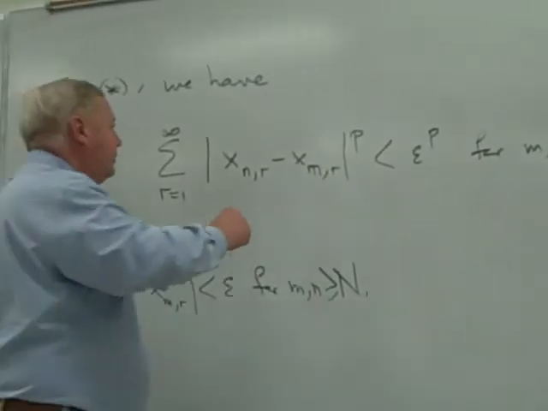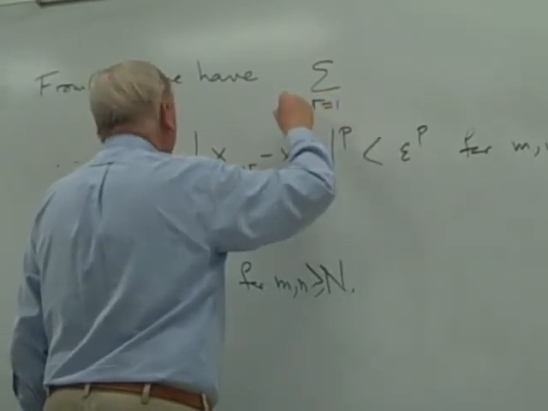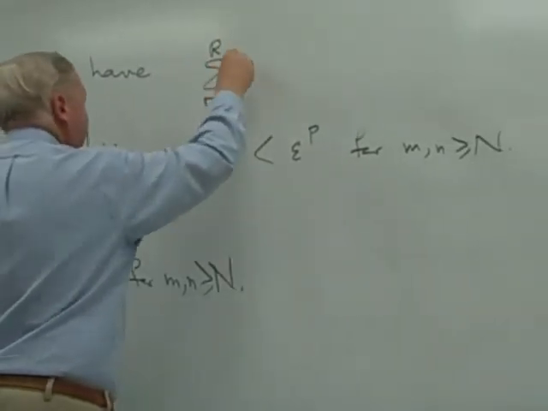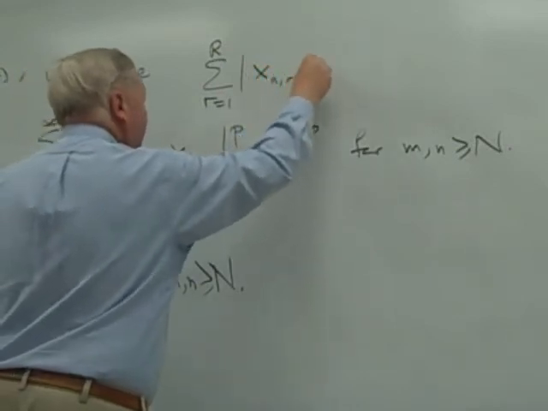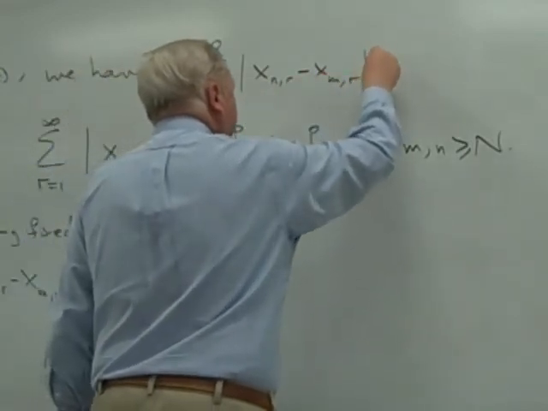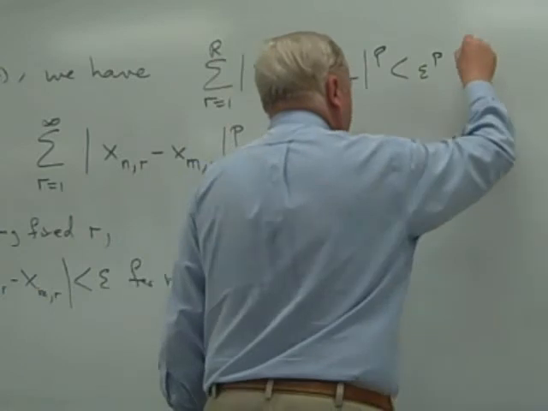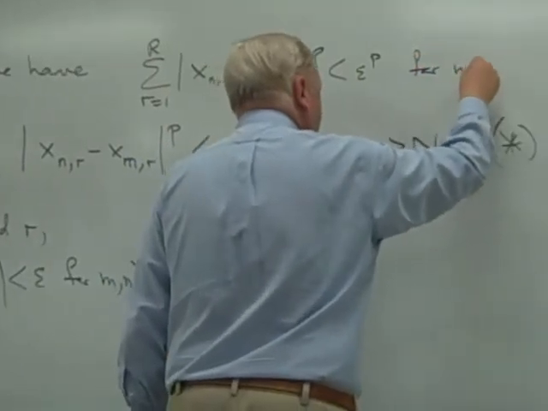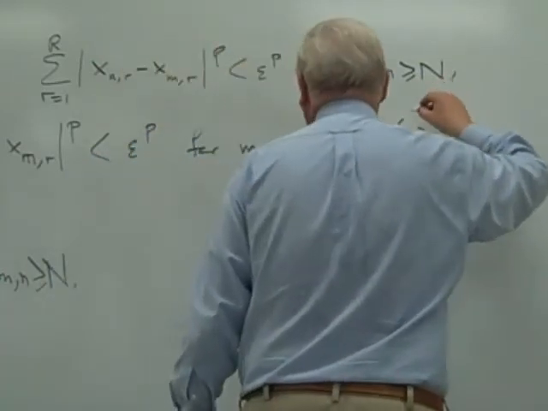So we have that the sum from 1 to capital R, absolute value xnr minus xmr to the p is less than epsilon to the p, and this is for m and n greater than or equal to capital N.